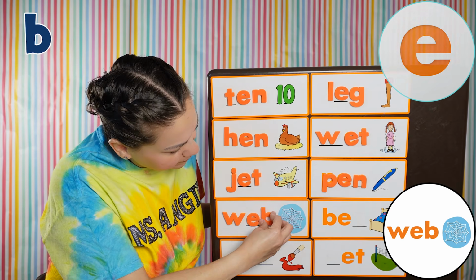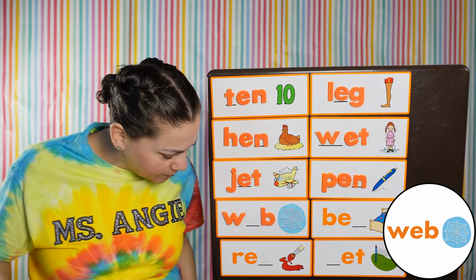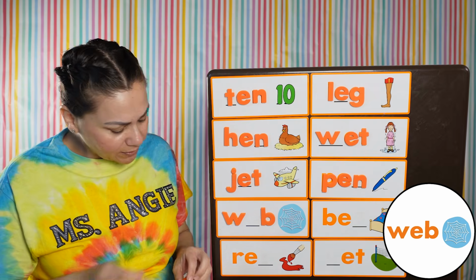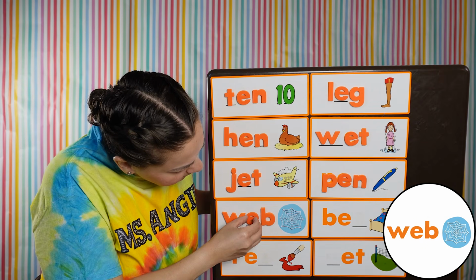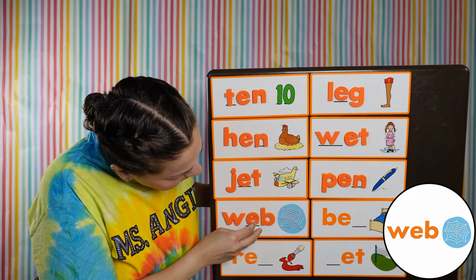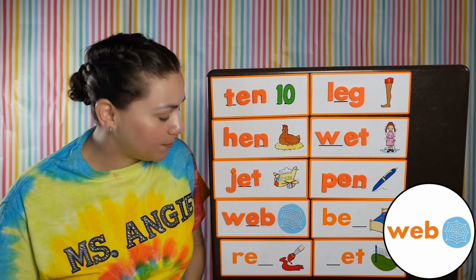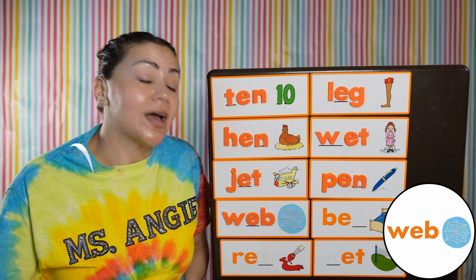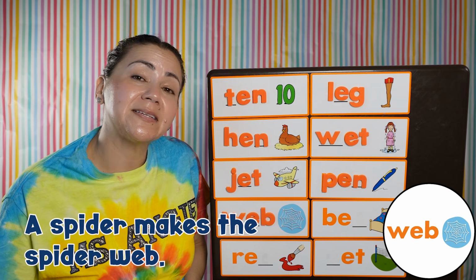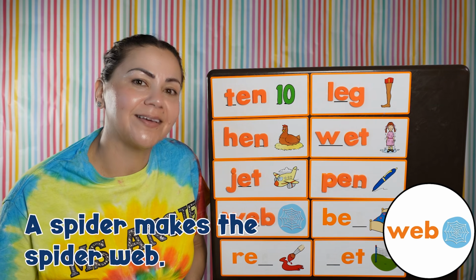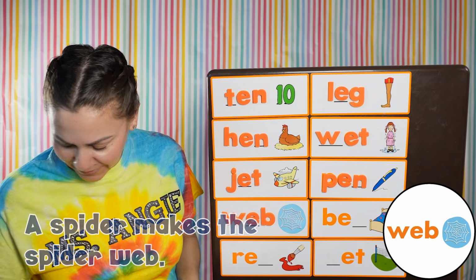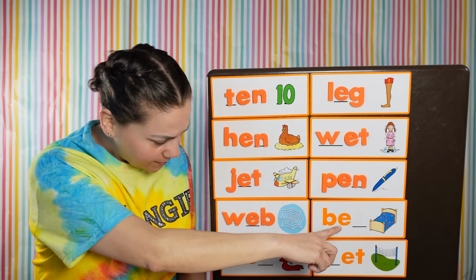Good job. Oh, our letter E fell off. Let's put our letter E on the board. Okay. Now let's make our sentence with web. Can you say, a spider makes the spider web? A spider makes the spider web. Good job. Now let's go to the next one.